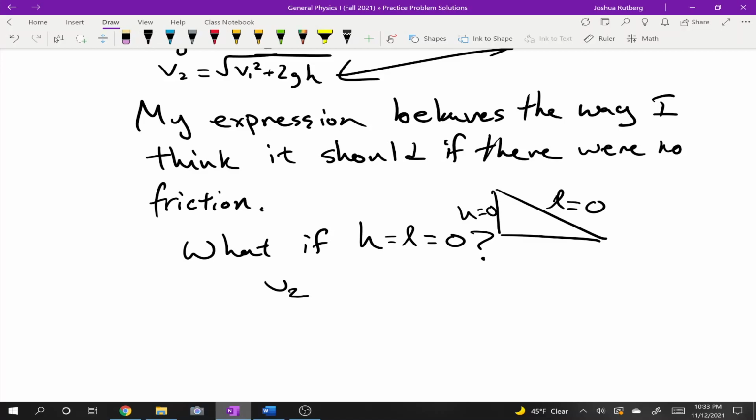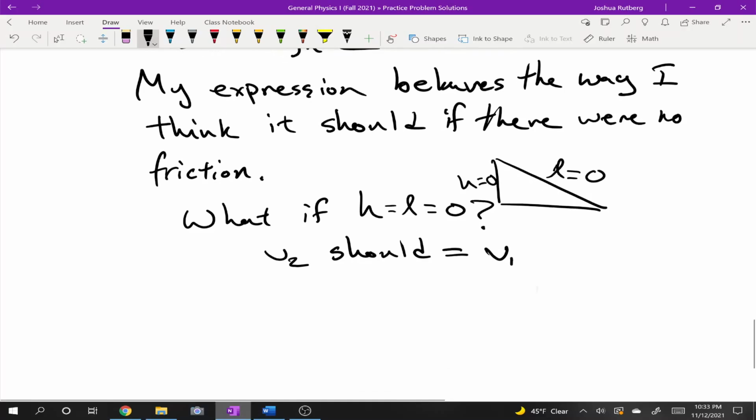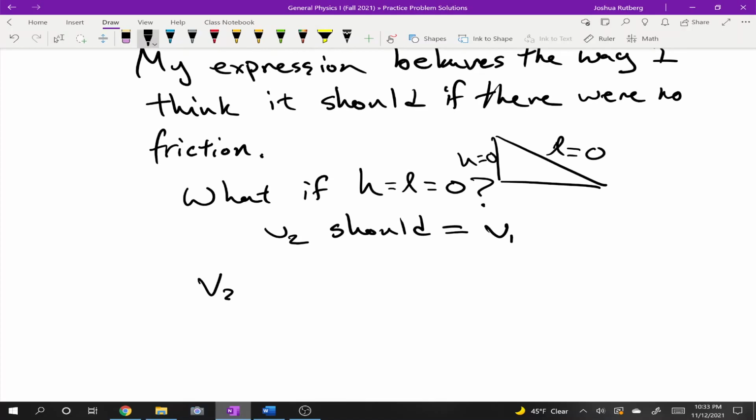I will say should here. So should equal v1. Does that make sense? If there is no slide, then my final velocity should equal my initial velocity. So v2 is equal to the square root of v1 squared plus 2gh minus 2fl over m.